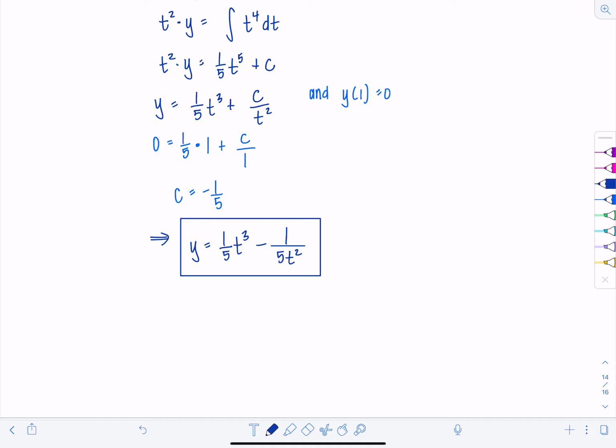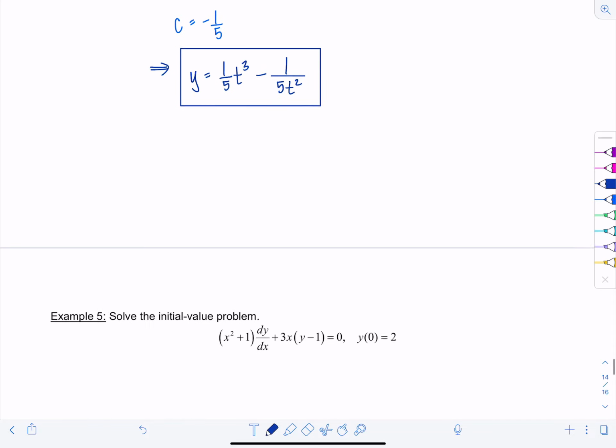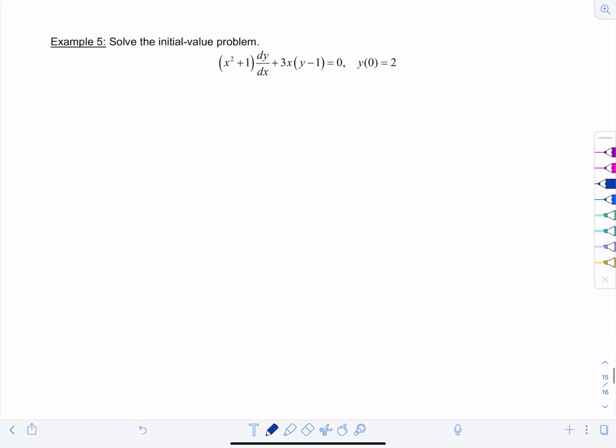These are nice problems. Okay, I've got one more initial value problem for you, and then you can just do a bunch more with your homework assignment and have lots of fun. So solve the initial value problem, x squared plus 1 dy dx plus 3x times y minus 1 equals 0.